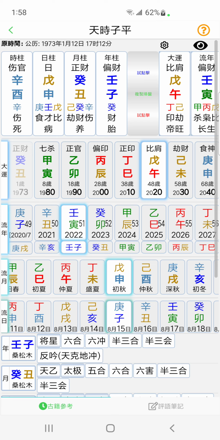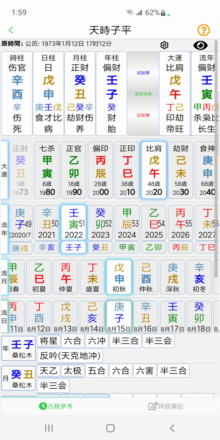Now let's check the earthly branches. Here we got two metal elements, and the ox, this is the winter. And there's a rat. We can see that the water element has this much energy and is the strongest. In the heavenly stems, we got one metal and two water, and we need to consider the harmony.